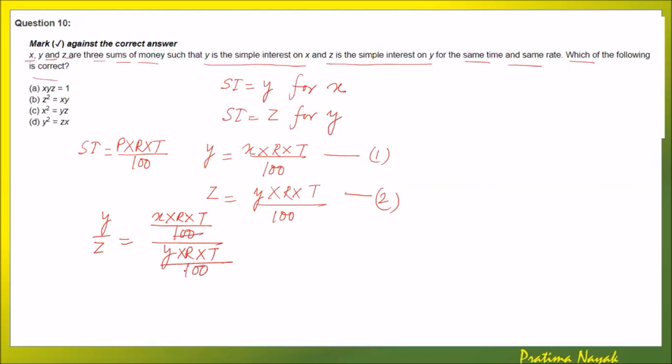Then your 100 cancels, R cancels, T cancels. I'm getting just X by Y. Then we cross multiply. Y into Y, Y square, X into Z. So Y square is equal to XZ is the answer. D is the answer.